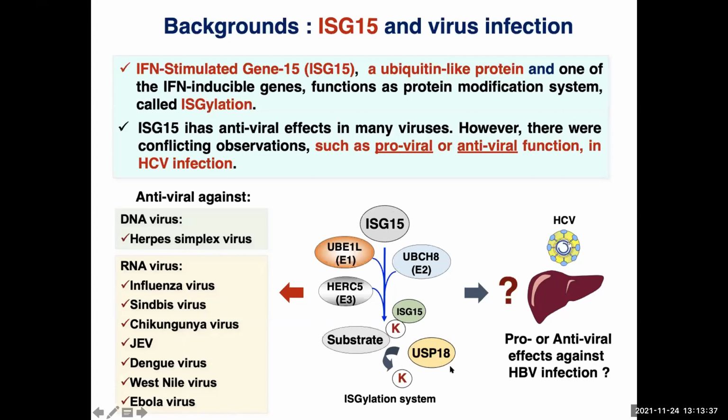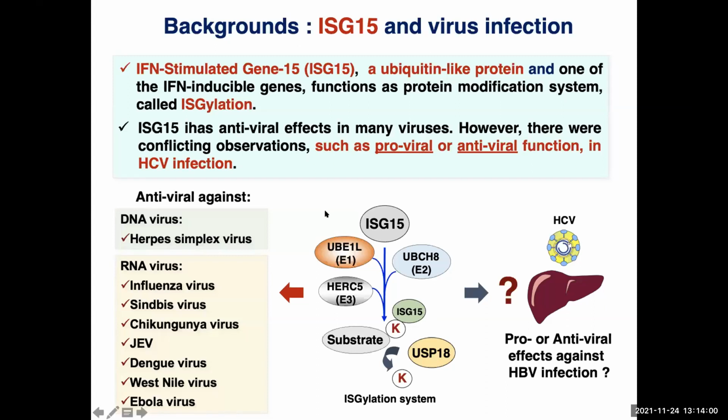Another important key player is USP18, which removes ISG15 from the substrate. It's called the deISGylating enzyme. So this balance is important for ISGylation.